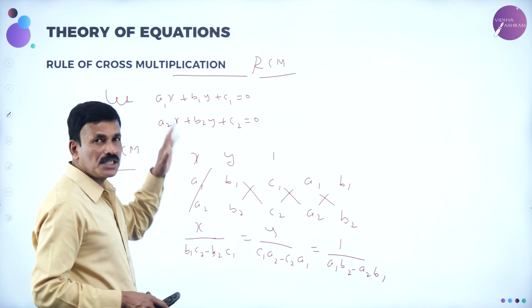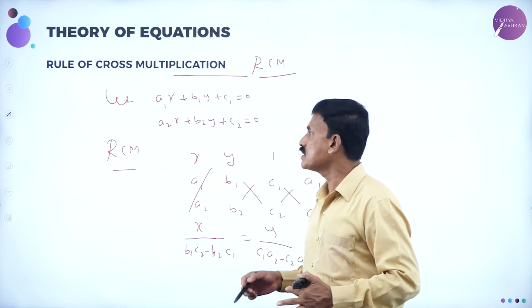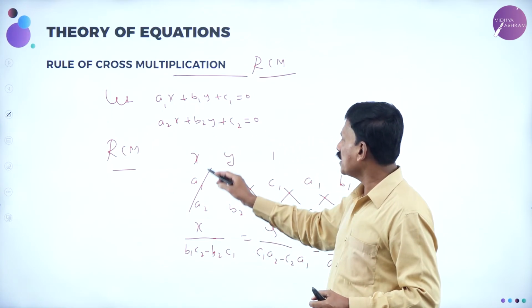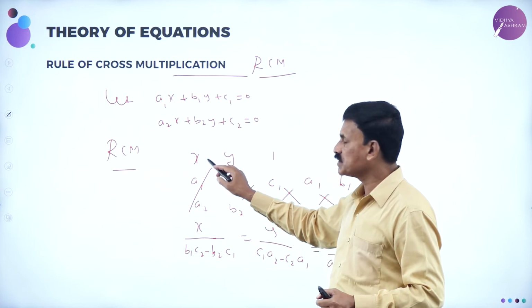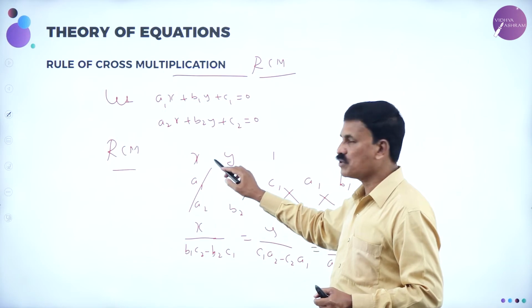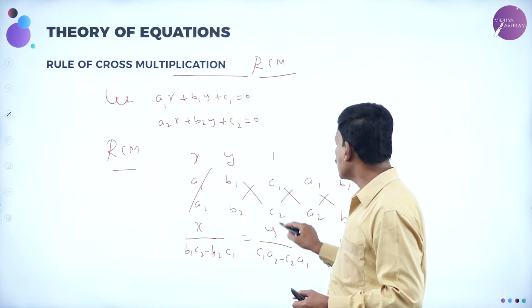Consider two simultaneous equations of the form a1x plus b1y plus c1 is equal to 0, a2x plus b2y plus c2 is equal to 0. Then write down x, y and constant, and the coefficients below. a1, a2 are the coefficients of x, b1, b2 are the coefficients of y, constants c1 and c2.